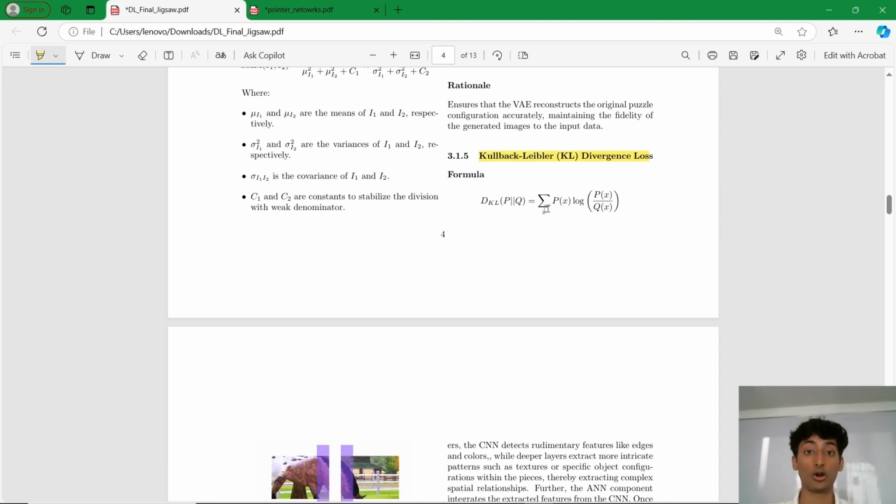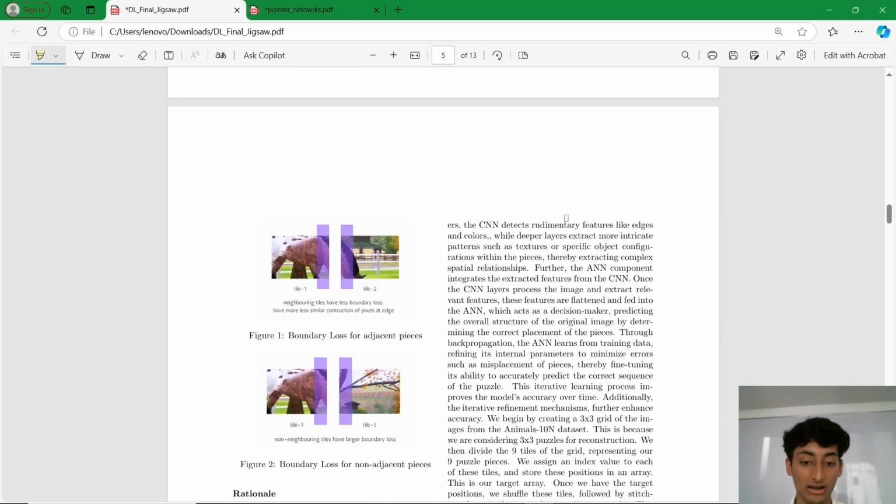There also, in things like variational autoencoders, you have to measure the similarities or dissimilarities between two probability distributions. So this is where the KL divergence or the KL loss is used, where you have to see the differences or the overlap between two probability distributions.